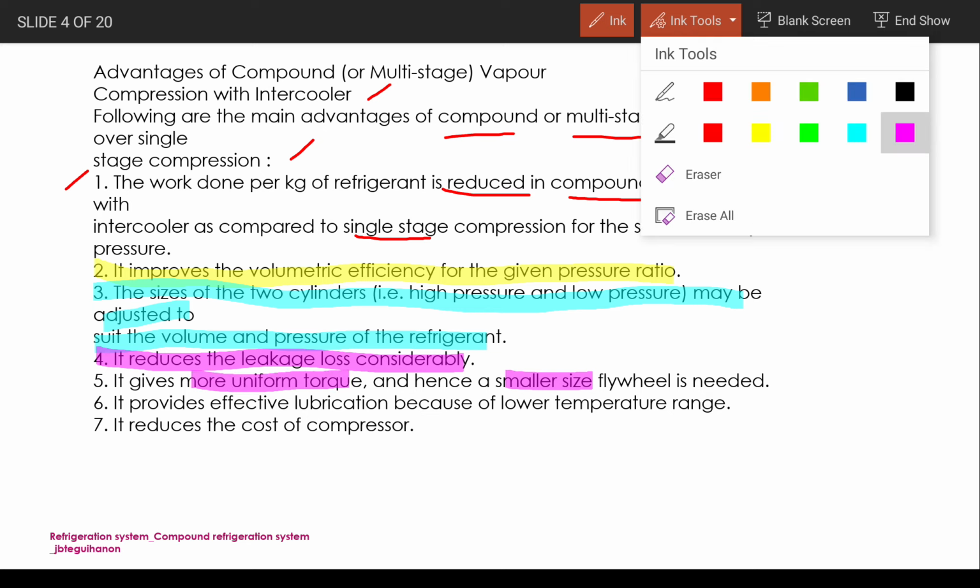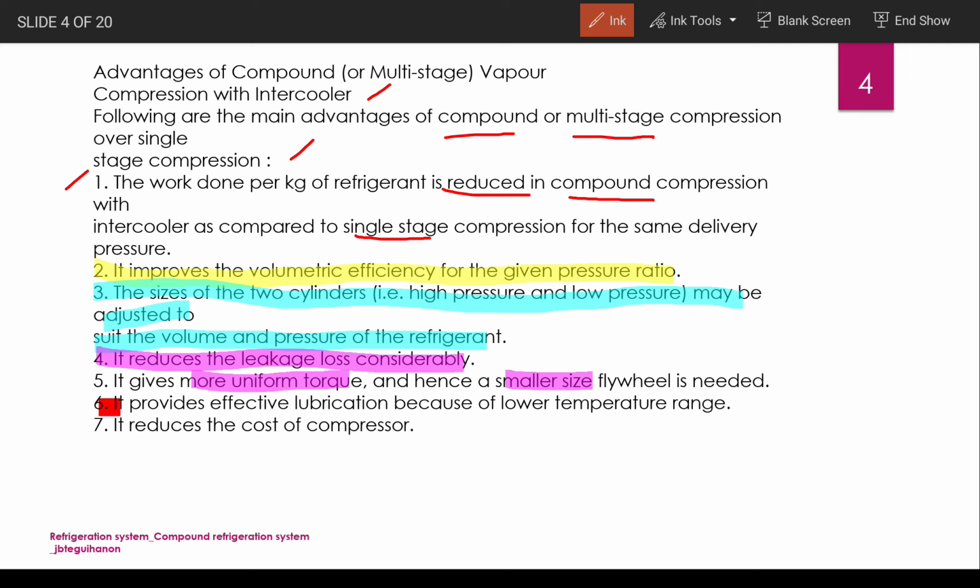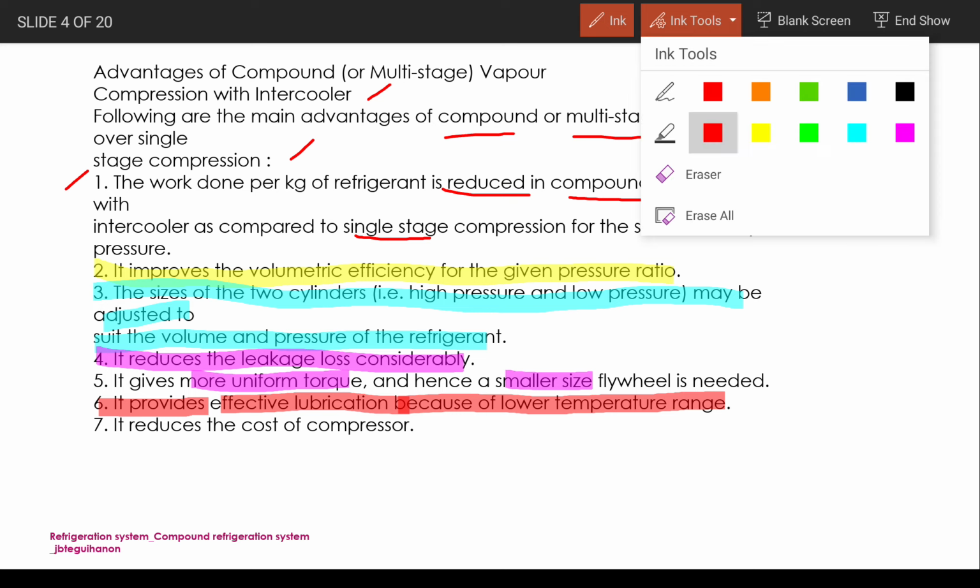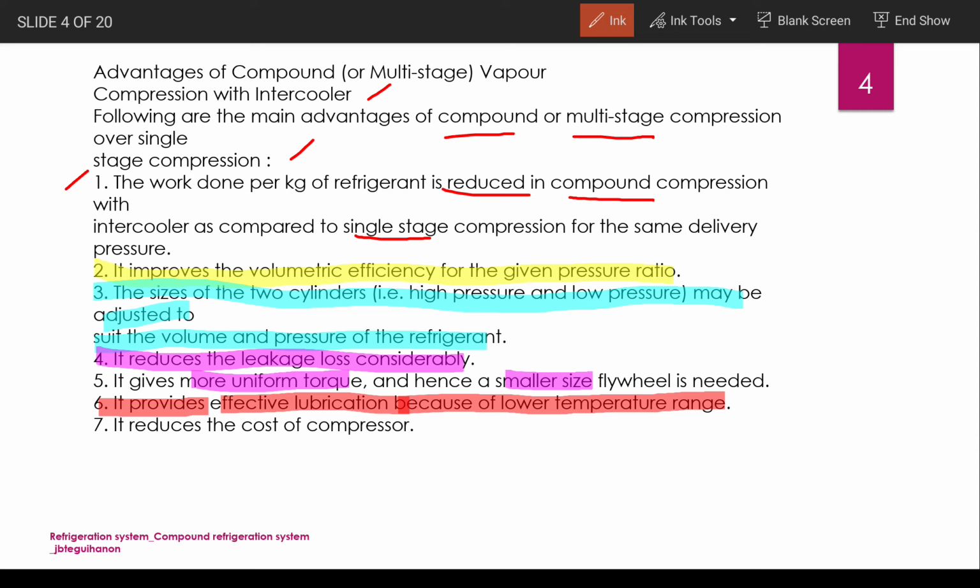Number six, it provides effective lubrication because of the lower temperature ranges. And number seven, it reduces the cost of the compressor.